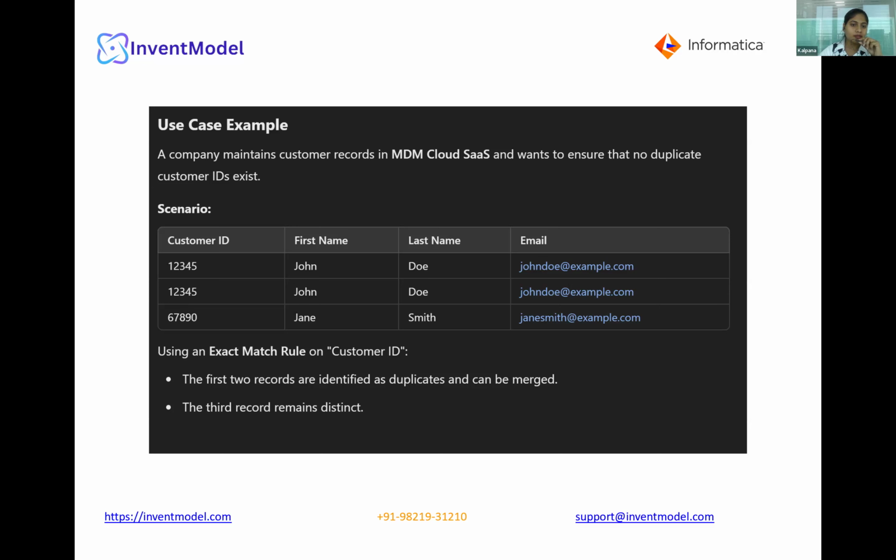So by using the exact match rule on the customer ID, like 12345, and first name John, last name Doe, and the email, the first two records are identified as duplicates and can be merged. The third record can remain distinct, or we can say different, as we have seen. So this is the difference for that.